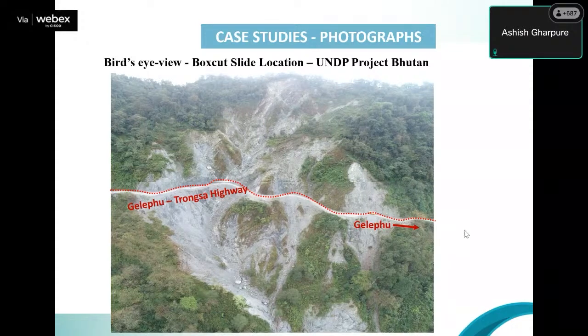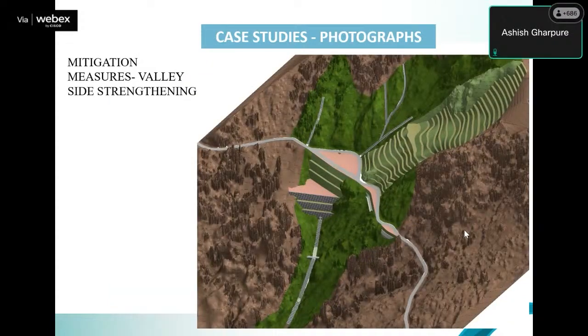Next, please. So what we came up with for this solution, this is again a 3D view of how the solution can be implemented. First, if you see, we tried to come out straight across it, but we still filled everything till the hill slope. And this is a reinforced soil wall structure we proposed. If you can see the orientation, this is all accommodating the topography of the area.